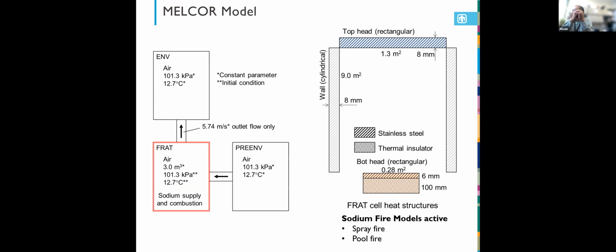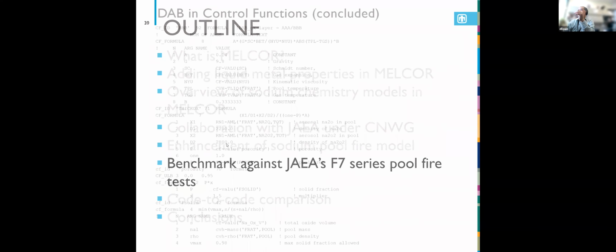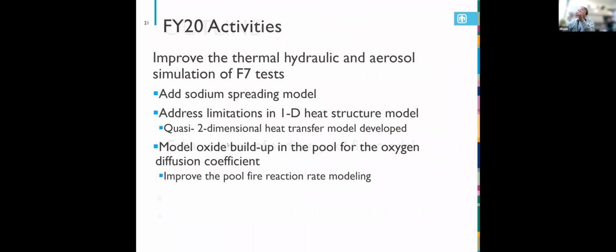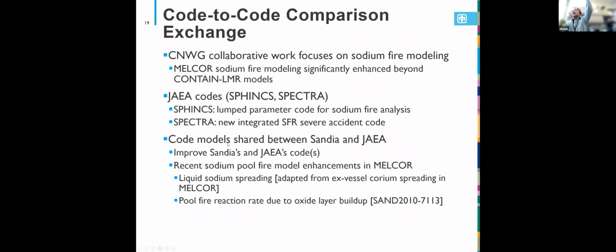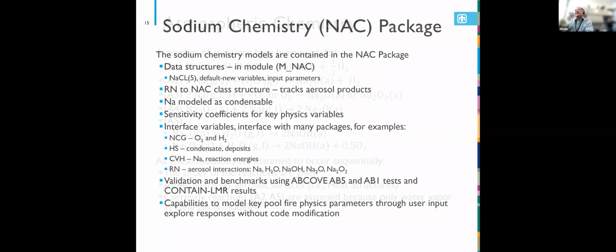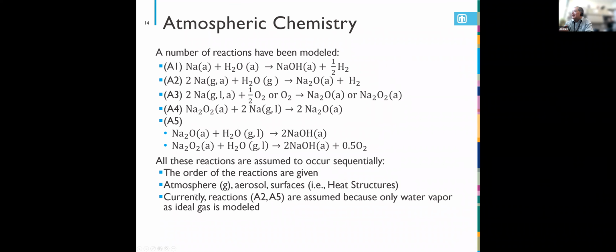Hopefully you guys use more MELCOR, and let us know if you want to do something like this. If you plan to do some experiments, that'd be nice, especially for the atmospheric chemistry model, since there's no existing model that can test this. It's difficult when there's condensed sodium right on a vertical wall and a reaction going on. How do you model that? It's challenging to model atmospheric chemistry with sodium condensate on the heat structure.